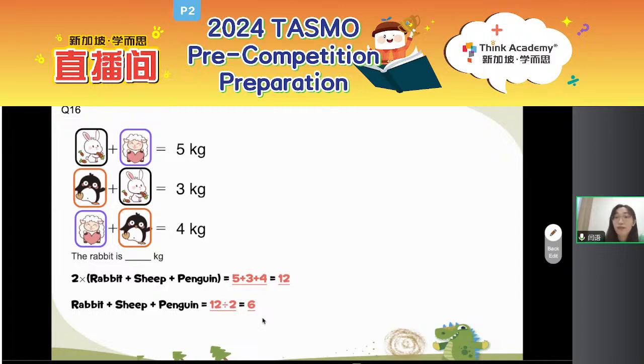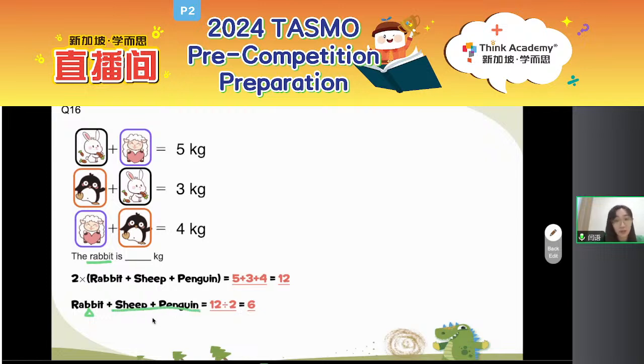But can we say that my final answer is 6? No. Why? Back to the question. What is the question asking you? What is the weight of the rabbit? So how can we figure out the rabbit? Look, you already know that if you just add the three animals together, you will get 6 kilograms. So following this, let's have a look. What should we minus? In order to figure out the weight of the rabbit, you just minus the weight of the sheep and the weight of the penguin, right?